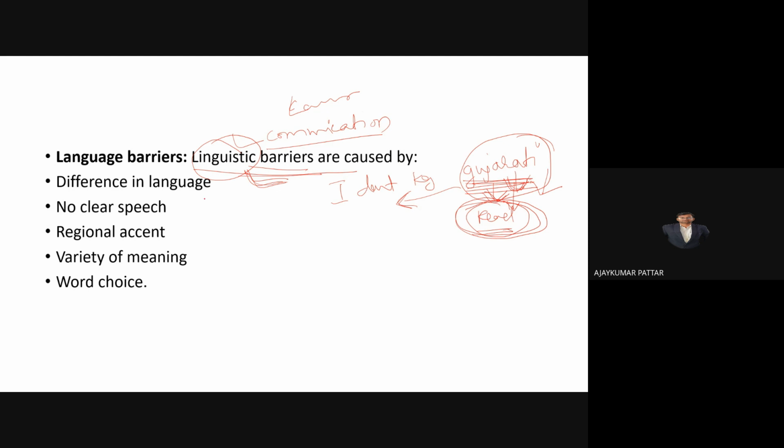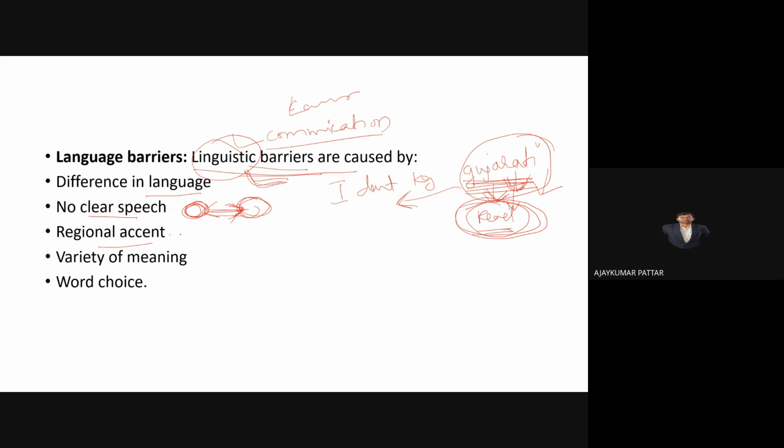So the linguistic barrier is a difference in language. And sometimes, even though I know some language, if the person is not speaking clearly, then also proper communication is not taking place. He is telling something, but I am not understanding what he is telling, because there is no clear speech.